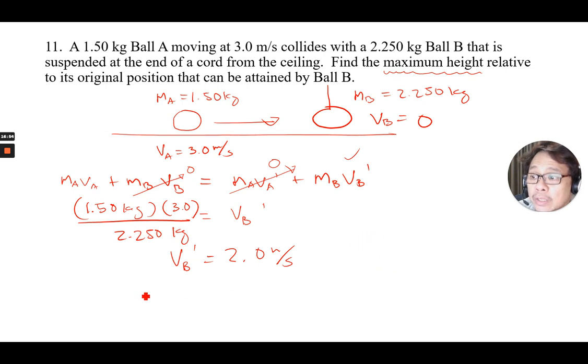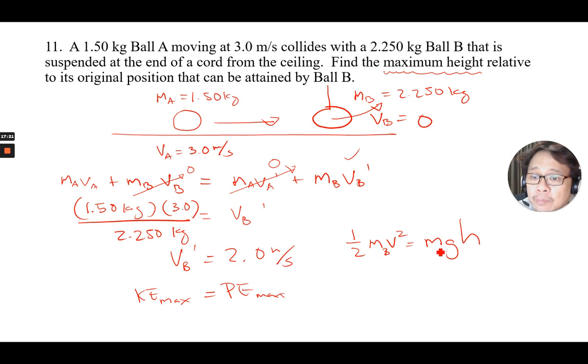So the total kinetic energy, this is the maximum, will go to the potential energy maximum, because it will move up, right? So you have 1 half mv squared, and in this case, the mass would be the mass of ball B, is equal to mgh.